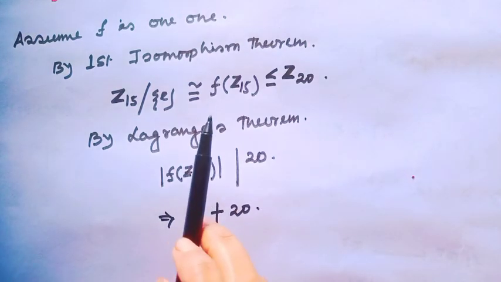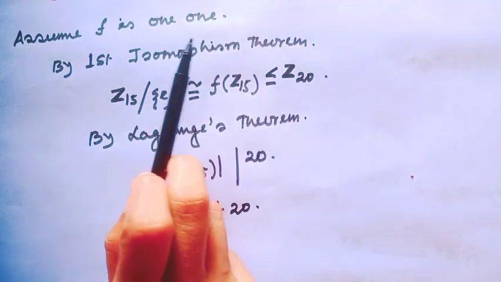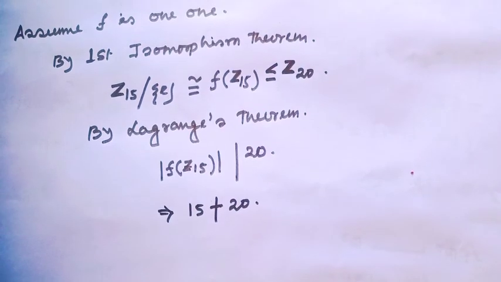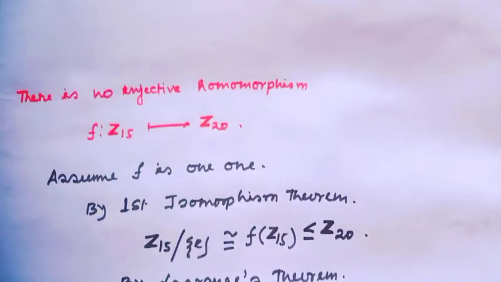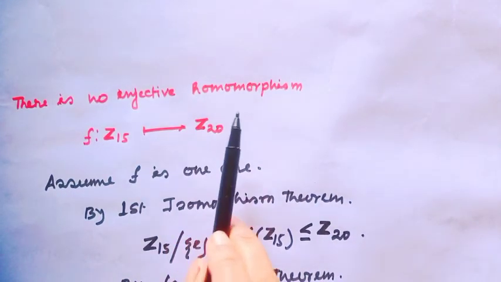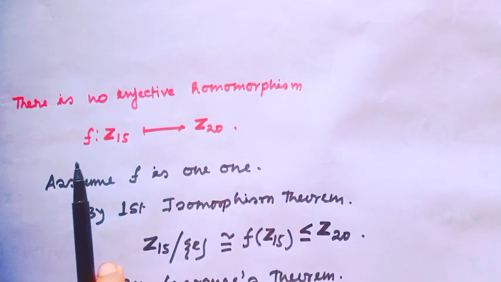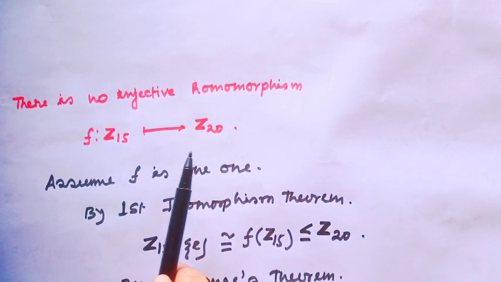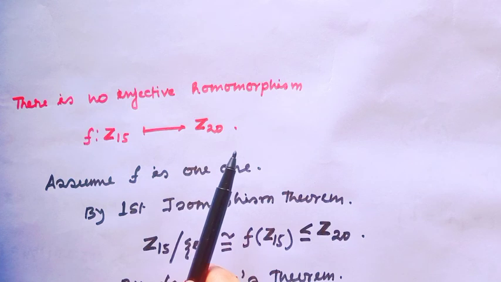So our assumption is wrong. f cannot be one-one. So there is no injective homomorphism from Z15 to Z20. Okay? Are you getting this? Now let's verify.